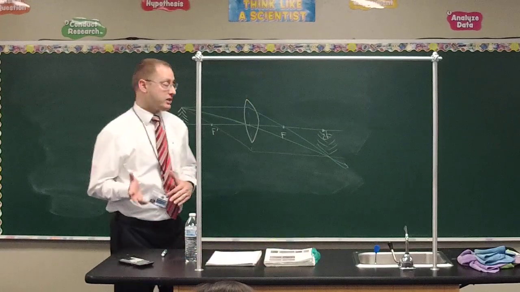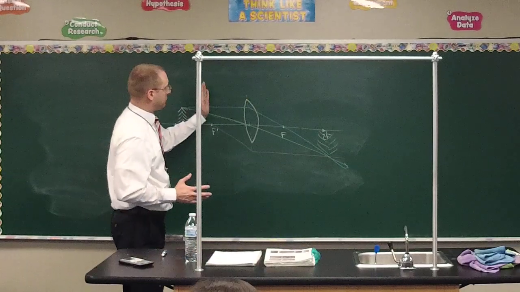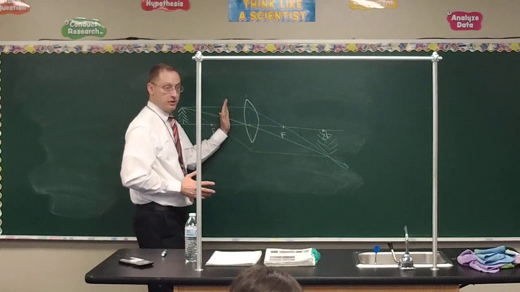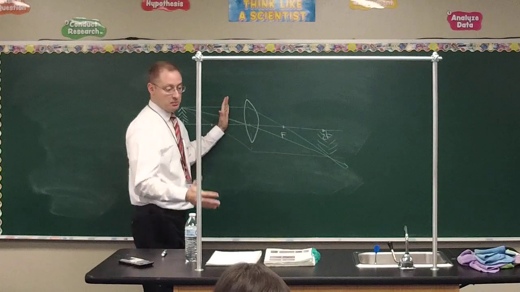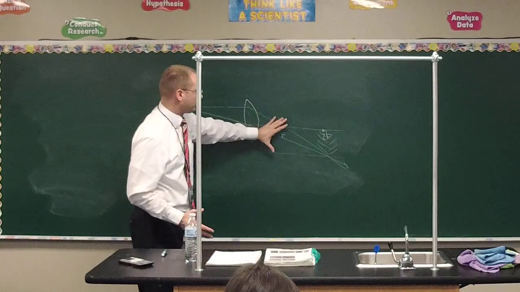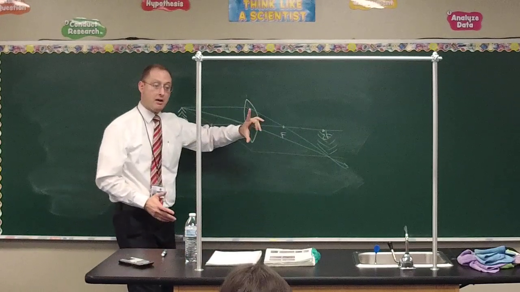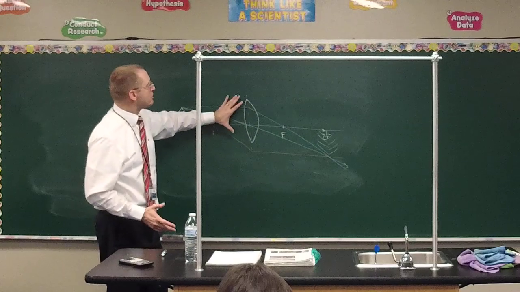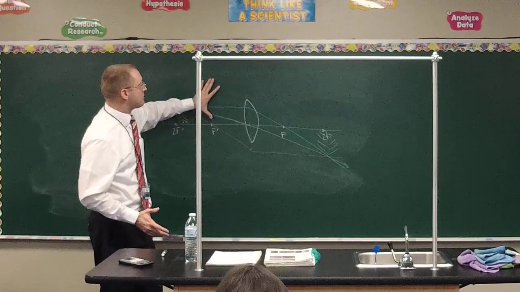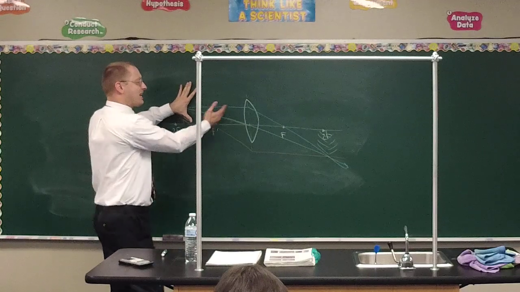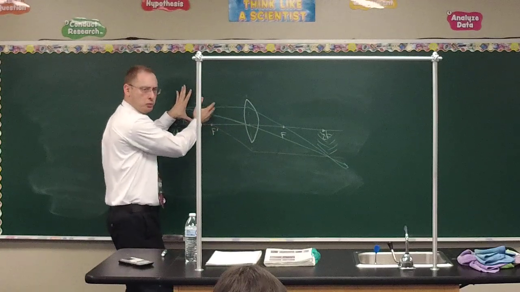The last case would involve the object being placed closer than the focal length away. What's going to happen now, as you see in your textbook, is that the light rays that go through the lens will never converge. However, it will seem as though they could converge back here, to where the image seems to be formed back here on the same side of the lens. But light rays don't really do that.